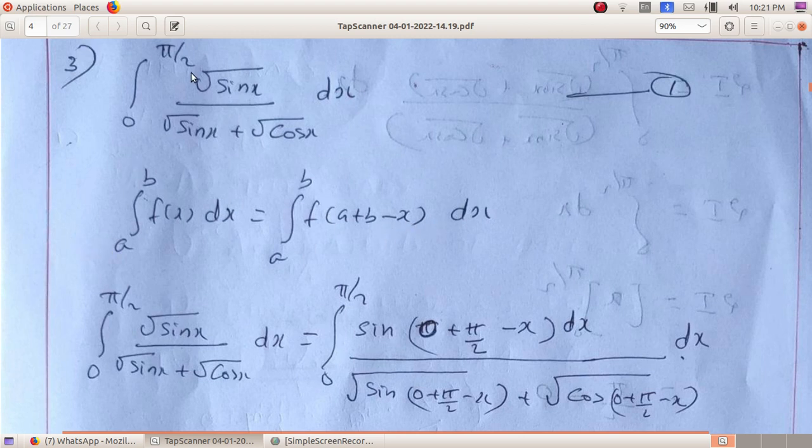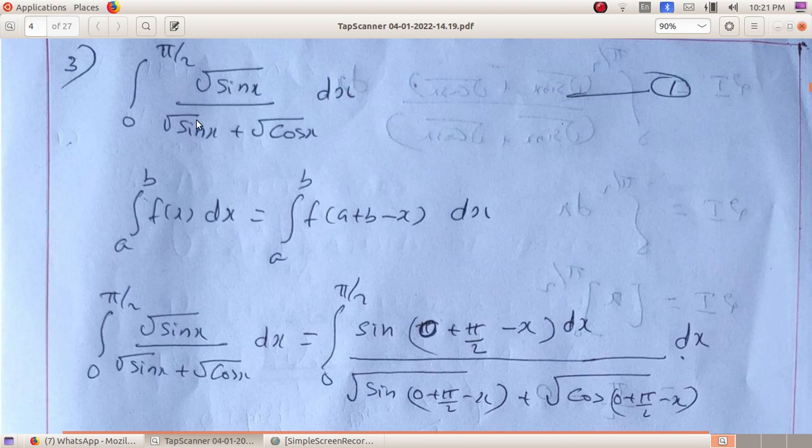So let us take this question. What is f of x? Root of sin x divided by root of sin x plus root of cos x. Then what is f of a plus b minus x? Instead of x, we put a plus b minus x, that is 0 plus pi by 2 minus x.